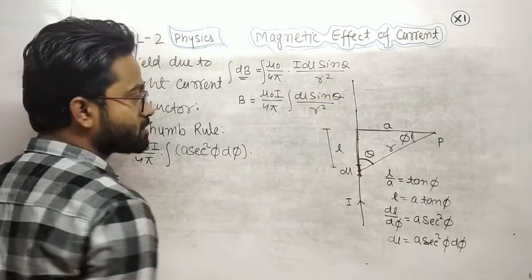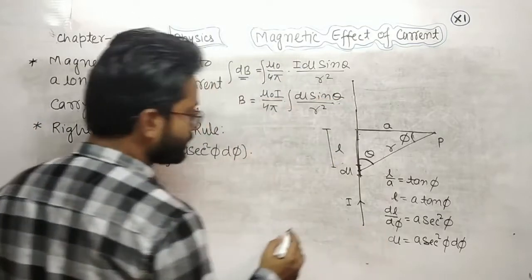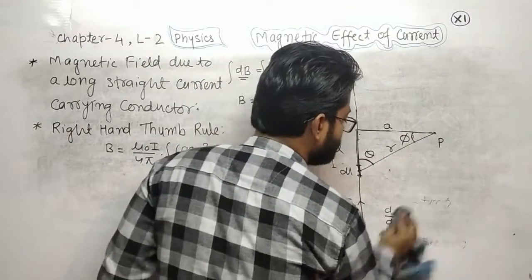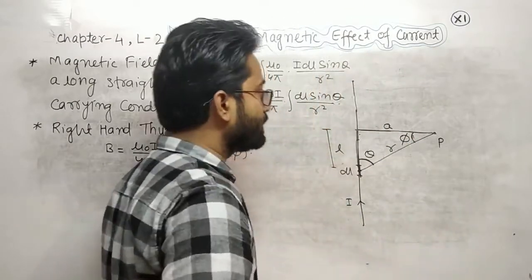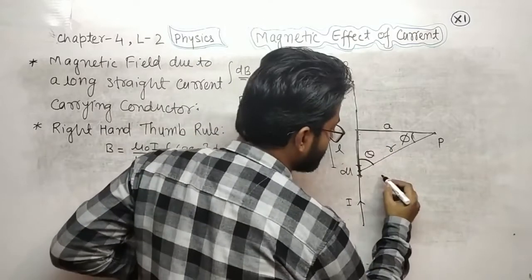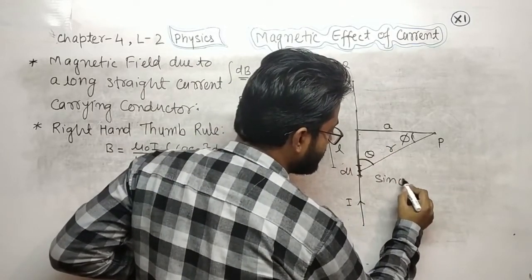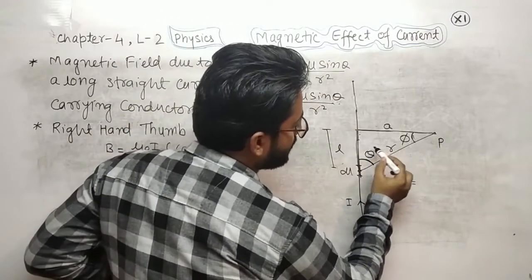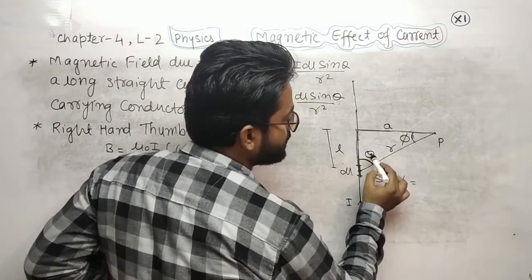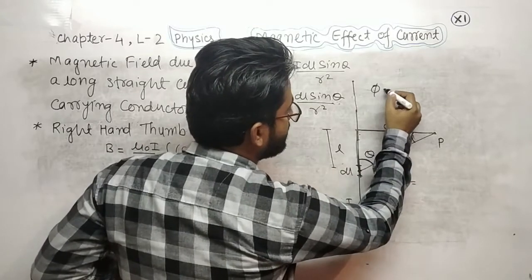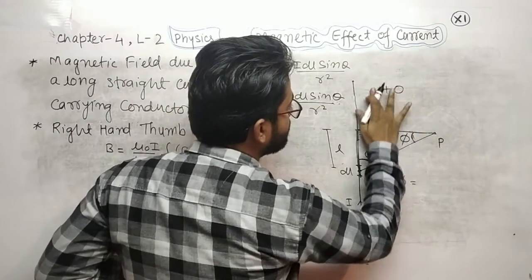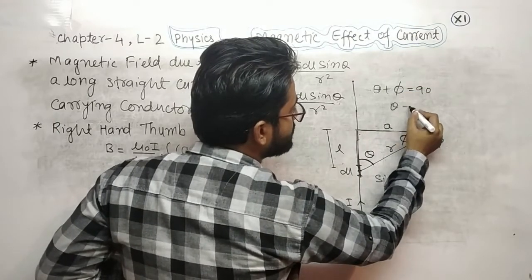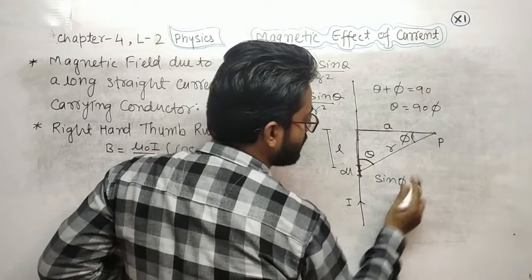In place of sine theta, you know that this is a triangle, and theta plus phi is equal to 90 degrees, which means theta is equal to 90 minus phi.